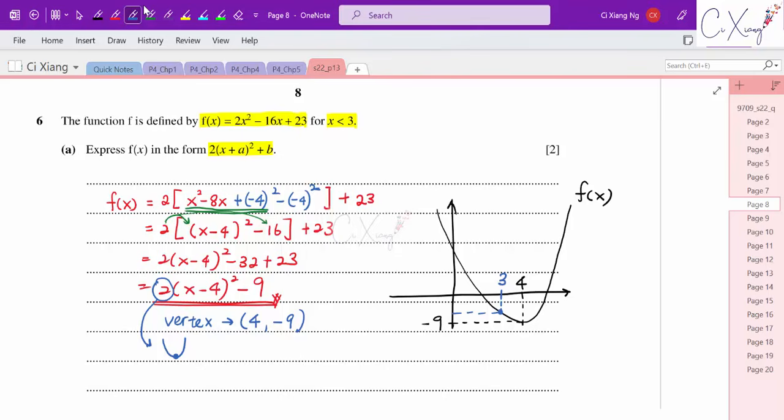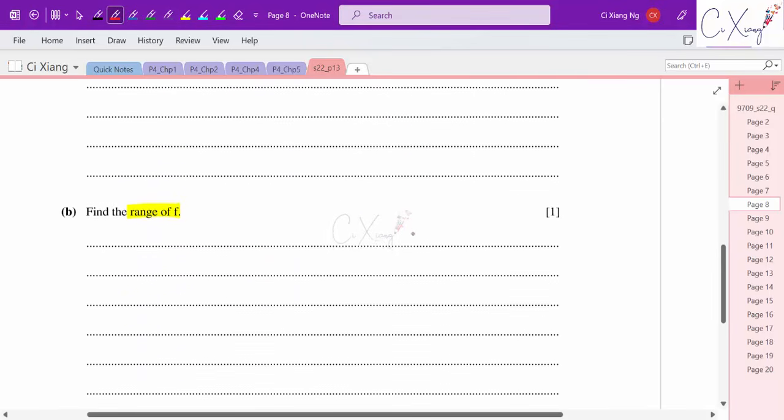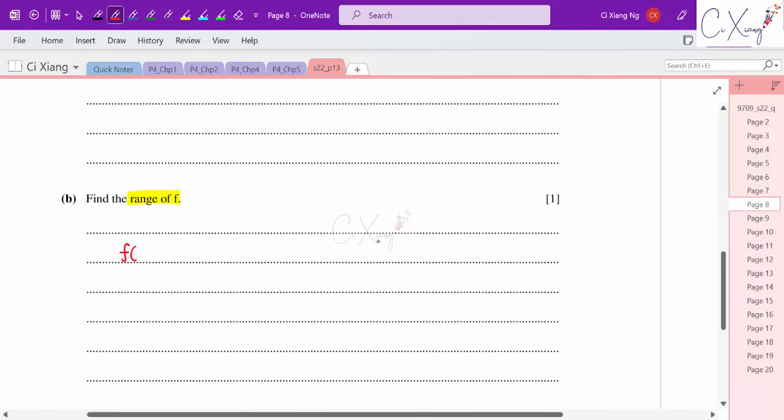For x smaller than 3, we only consider this highlighted graph. For this highlighted graph, the range is basically from here until here. So I will continue by substituting the value 3 into our function f.